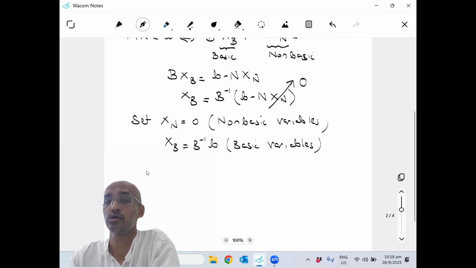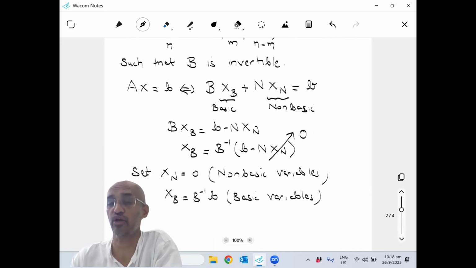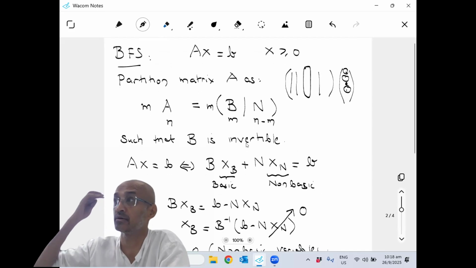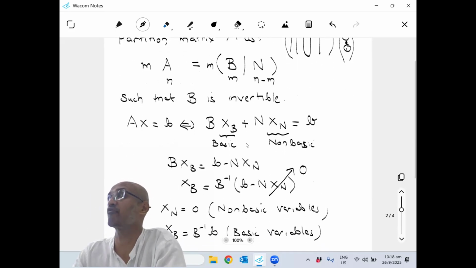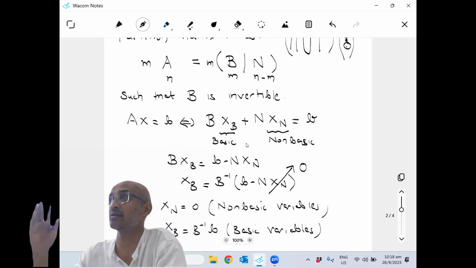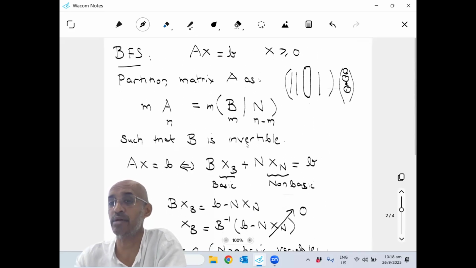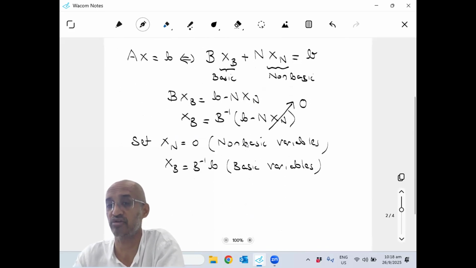So how many constraints are satisfied? This is in dimension n, so the total number of variables is n. For a basic solution, I require n linearly independent active constraints. How many are there? I've got m equality constraints, which I'm solving.